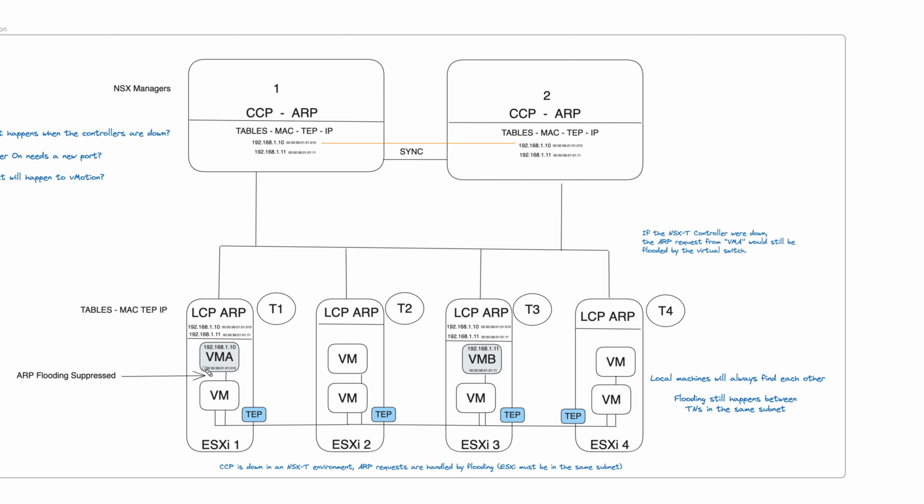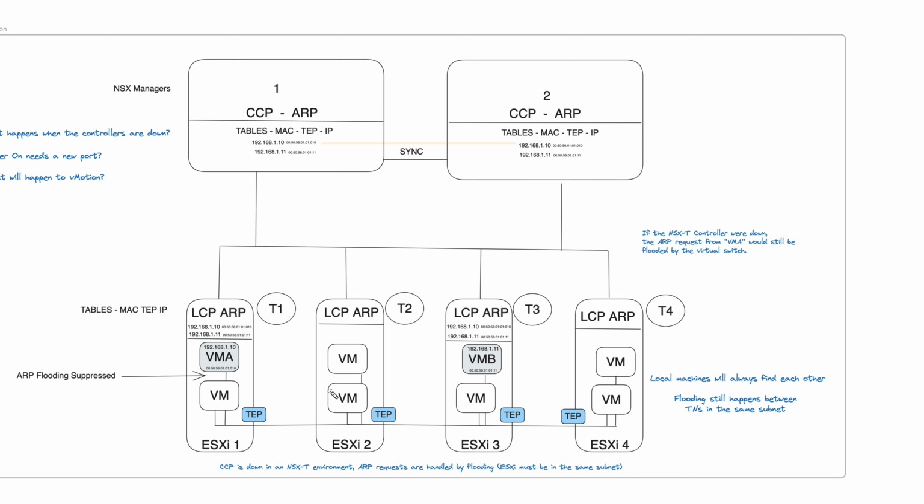So when this VM wants to set up unicast with this VM, he is going to issue an ARP request because he wants to retrieve this MAC address. Normally, that ARP request will go to every single VM on the same subnet, so attached to the same segment. And one of the VMs eventually will answer and say, I have that IP address, here's my MAC address. And then the MAC address is going back to this VM, and then they can set up unicast.